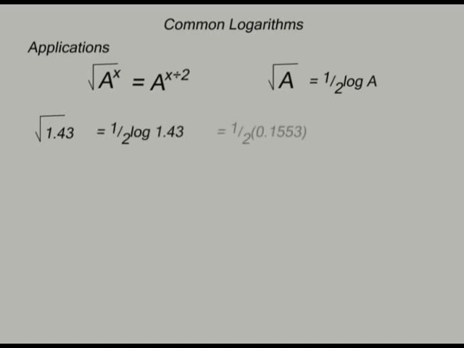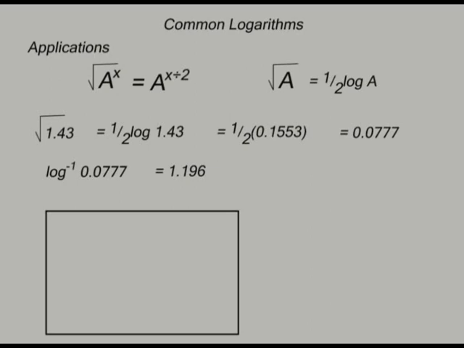The log of 1.43 is 0.1553. That gives us 0.0777. Then the antilog of this, and we shall have 1.196.